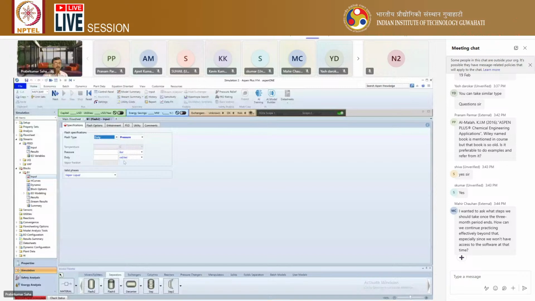And now you can run the process. Okay. So results are available. Now you can see the result summary in the stream. These are the display options that you will get, right?